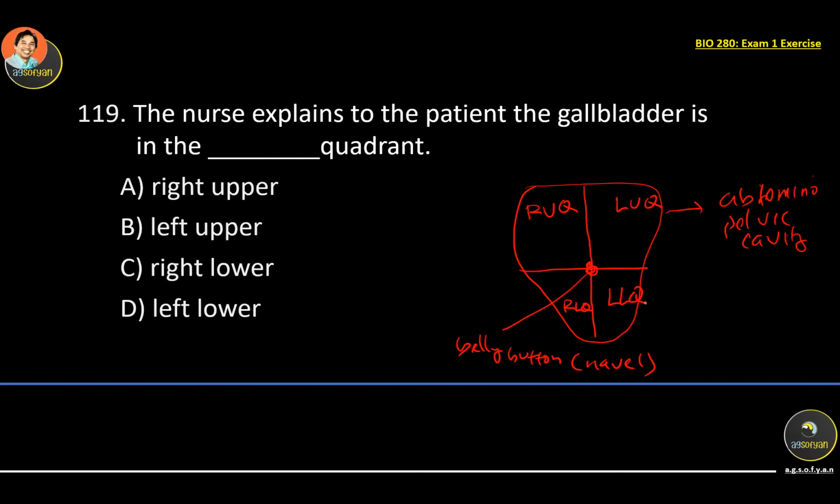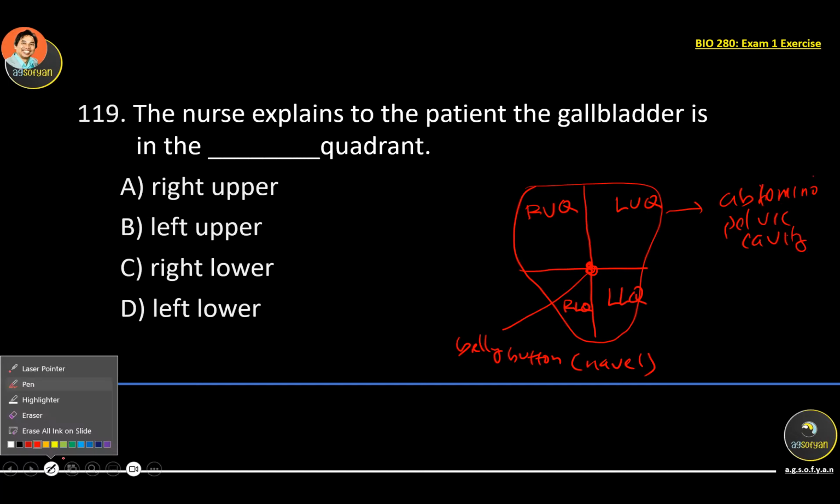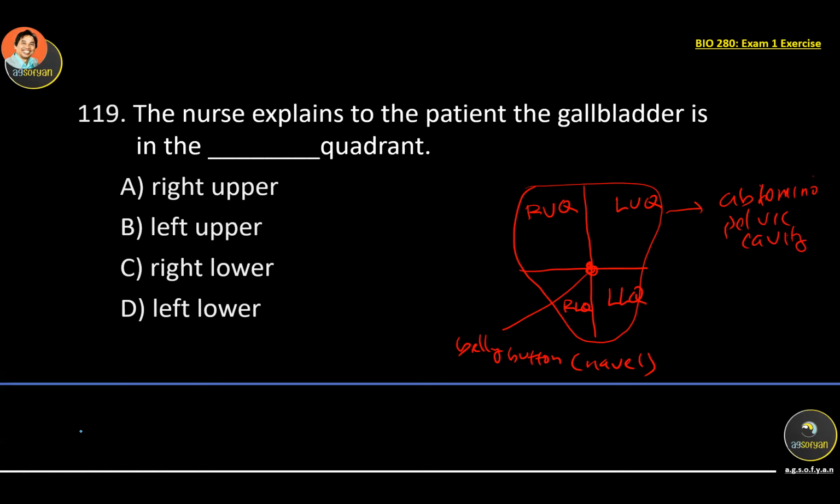Now, I'm going to use a different color to show where our organs are located. Let's say this is our stomach, and then you have the small intestine and large intestine. You have the rectum over here and the anus over there. You also have the liver over here, right?